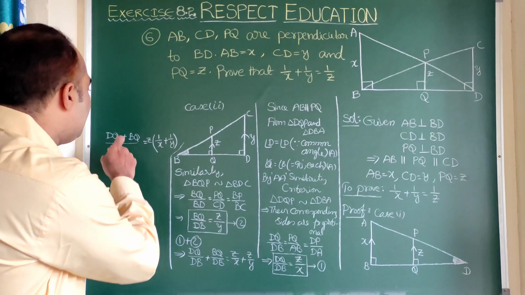So DB divided by DB is equal to Z times 1 by X plus 1 by Y. Here you see numerator and denominator both are the same, so we can cancel it. So now let us send this Z from right hand side to left hand side, as it is under multiplication. If we move that side, that will be division. So here we get 1 by Z is equal to 1 by X plus 1 by Y.